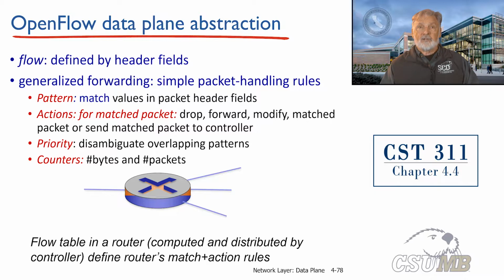A pattern may either specify a pattern for each of these headers or a special wildcard, which indicates a don't care value. For instance, we have seen a bit pattern for IP addresses in a previous topic in this chapter. The bit pattern used as the longest prefix match for forwarding IP packets to output ports.